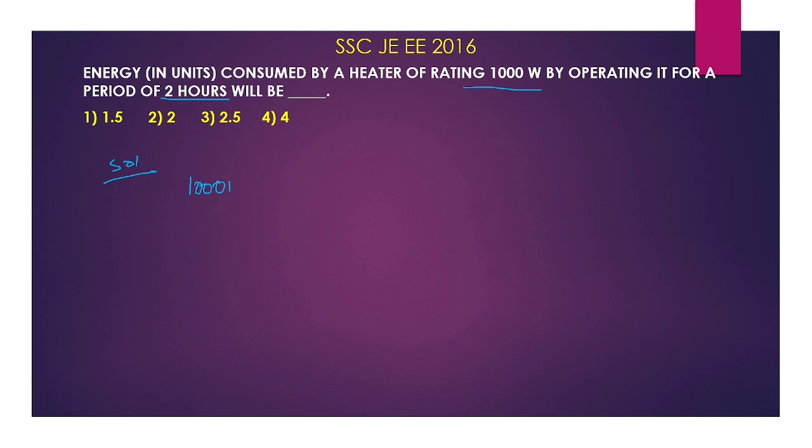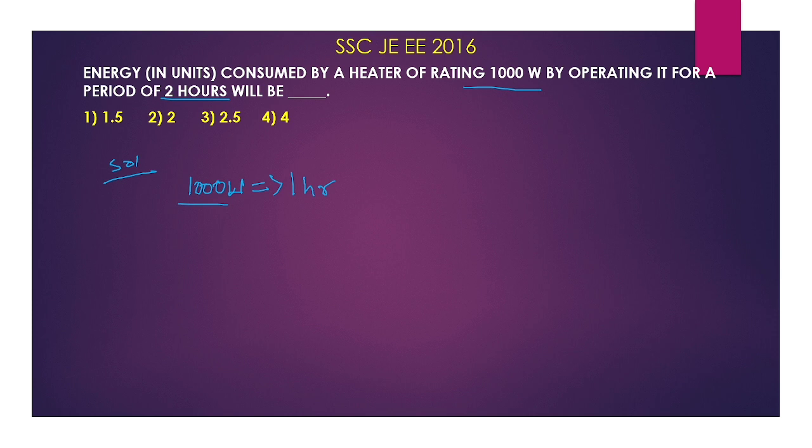If it is operating for a period of 2 hours, how much power will be consumed? For 1 hour it is consuming 1000 watts, so for 2 hours, what is the power consumption? That we should get as the answer.